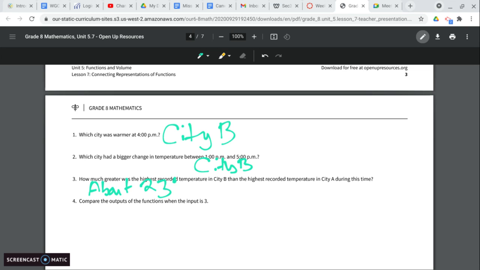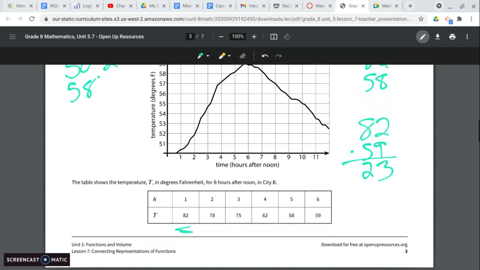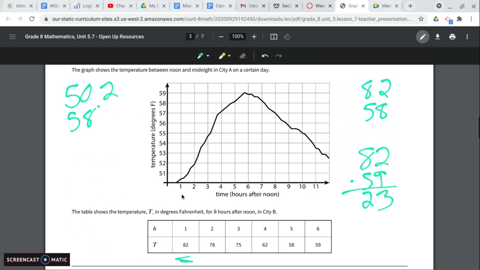Compare the outputs of the functions when the input is 3. So if we go up here, input 3, we're at about 54.7 maybe, or 54.5. So function 1 gives us the temperature of city A at 3 p.m., which is about 54.5 degrees.